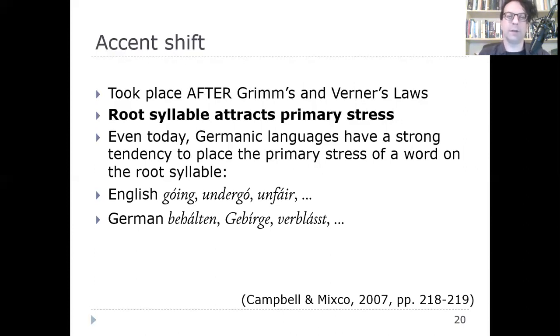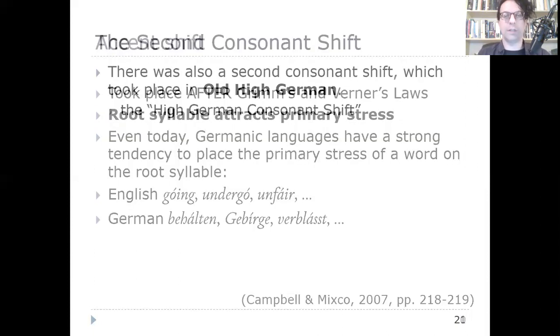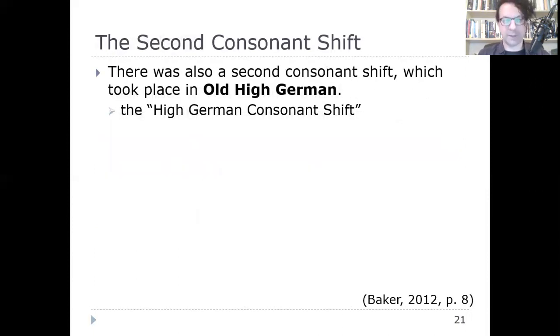Gebirge, right, where Birg or Berg is the root. Verblasst, right? So the stress patterns in German words and in English words still very much show this, that yes, the primary stress in a word falls on the root syllable, not necessarily on a prefix or suffix, like in other languages.